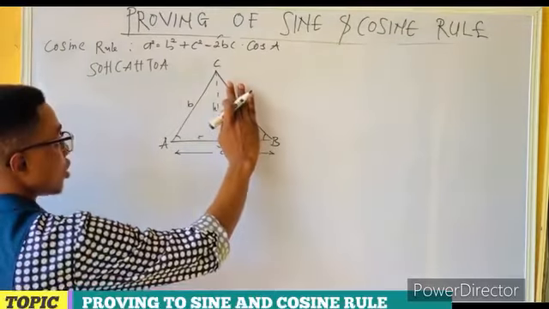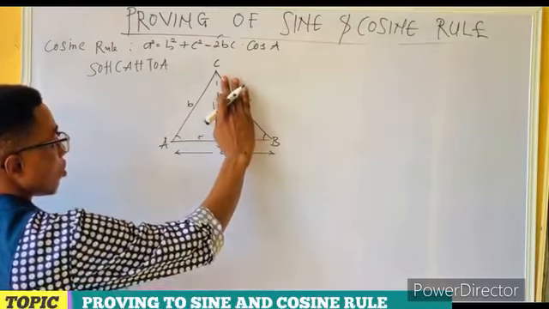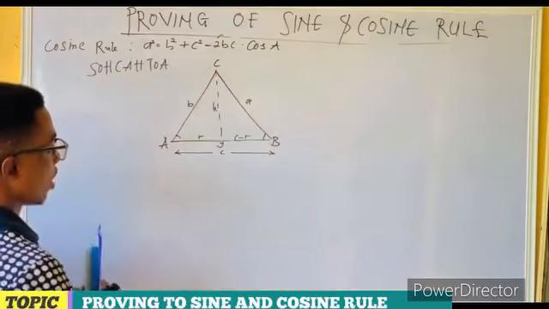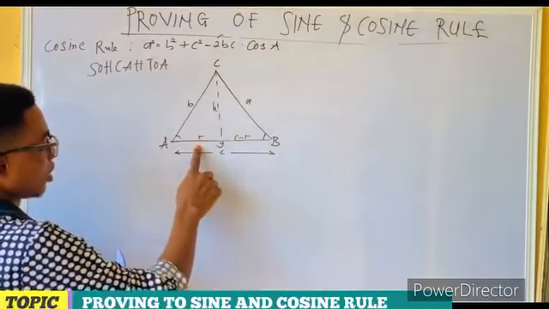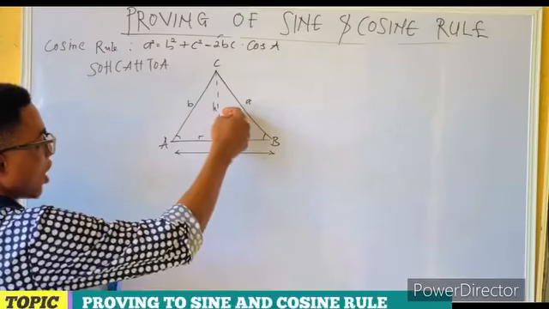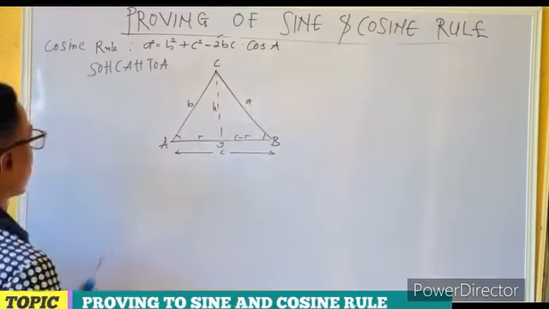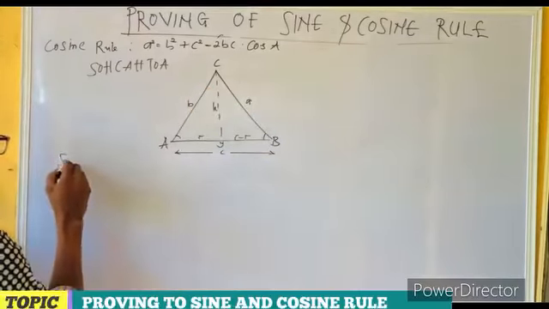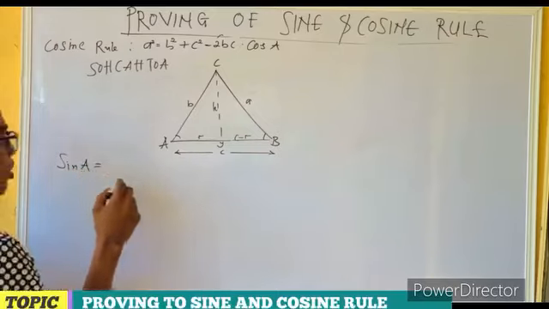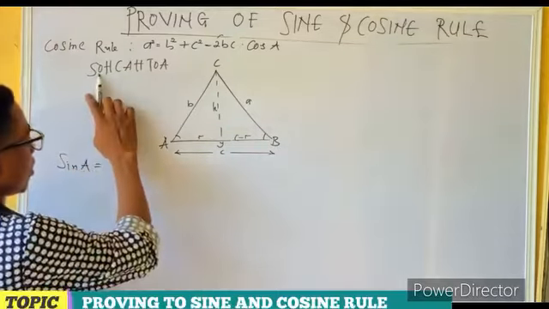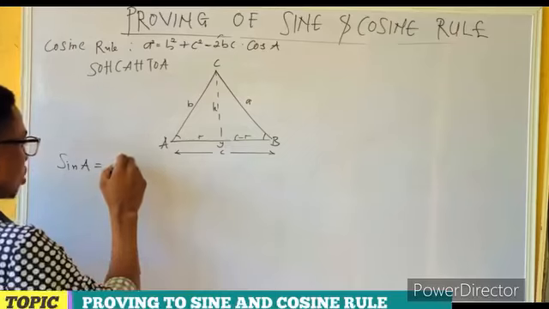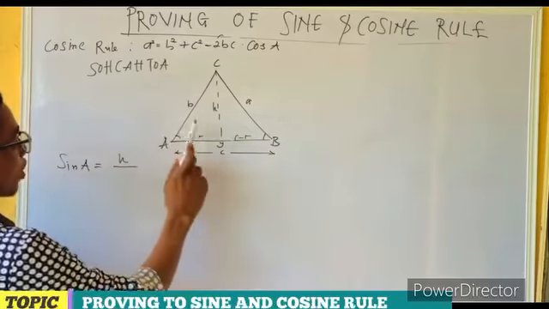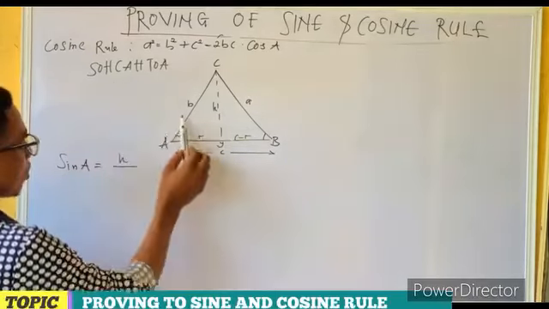If we are considering the angle ACY, here becomes our adjacent, here is our opposite, and here is our hypotenuse. So we have sine A is equals to opposite, which happens to be h, over hypotenuse, that happens to be b.